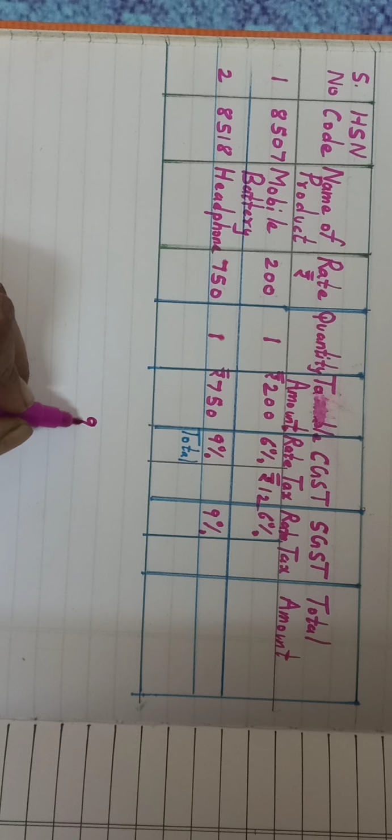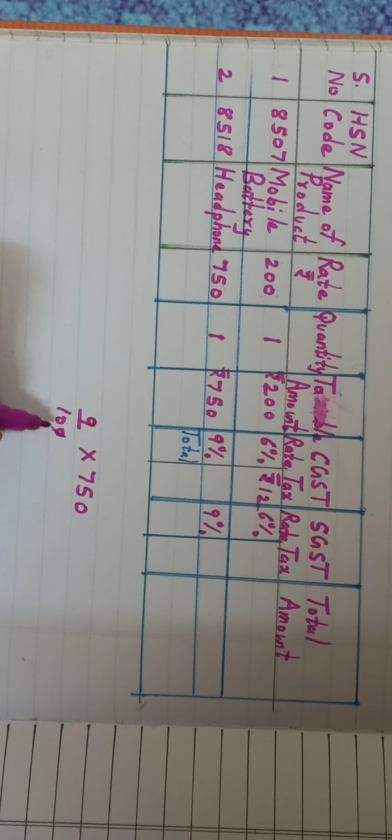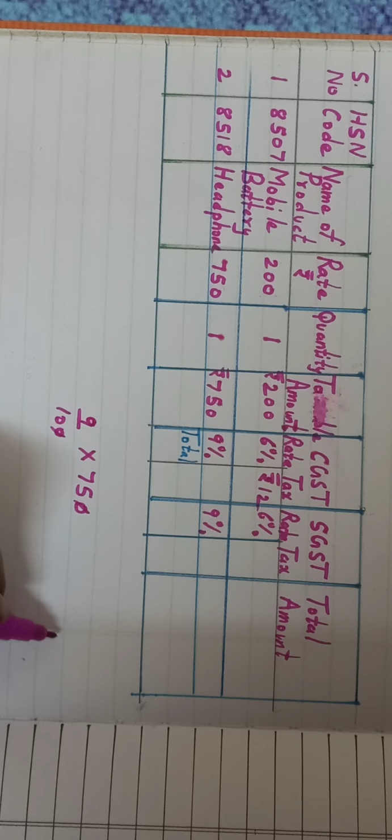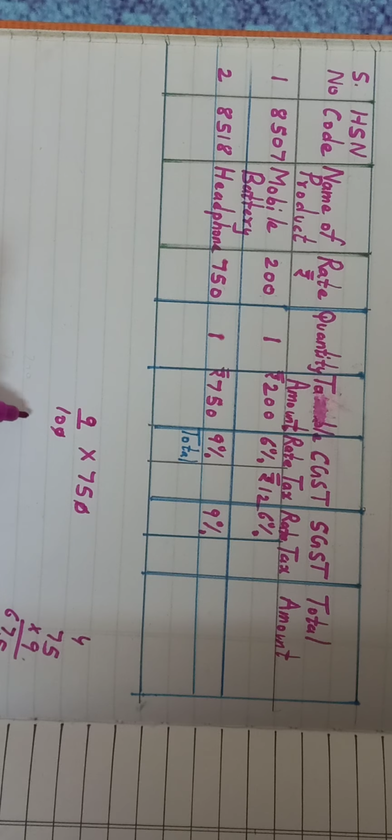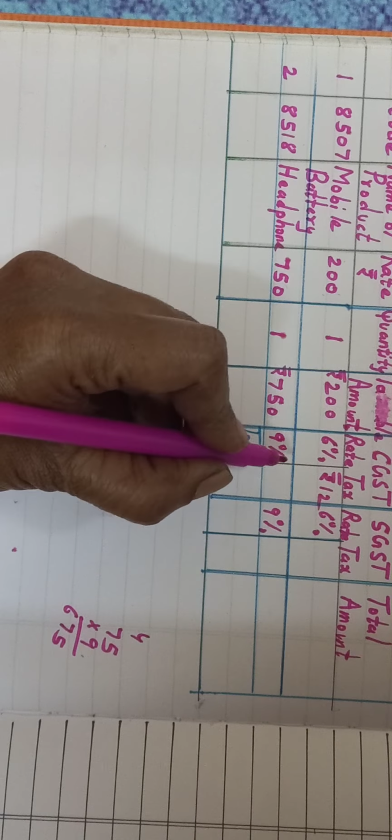So you will get 9 upon 100 into 750. Now what you will do, this is cancelled, this 10 keep it as it is. 75 into 9. 9 5s are 45. 9 7s are 63. 63 plus 4, 67 upon 10. So you will get 675 upon 10. That will be 67.5. Okay, so this we can write here.